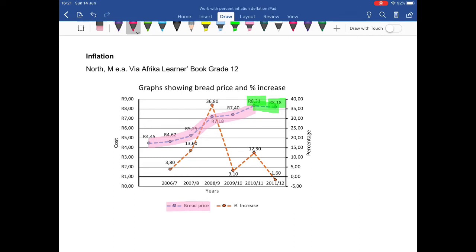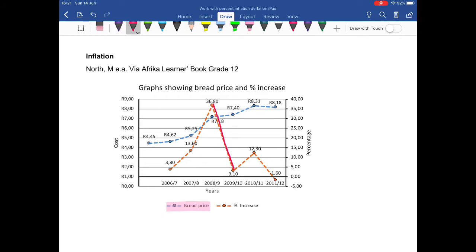the one thing I want you to look at in particular is this part of the graph where we are often incorrect in saying that the bread price decreased, when in fact it didn't. Let's just look at the two graphs together.